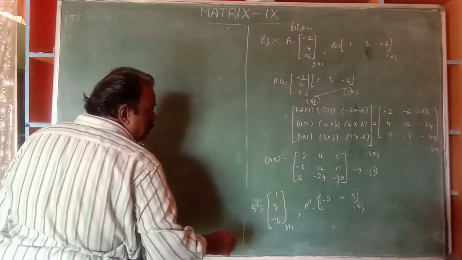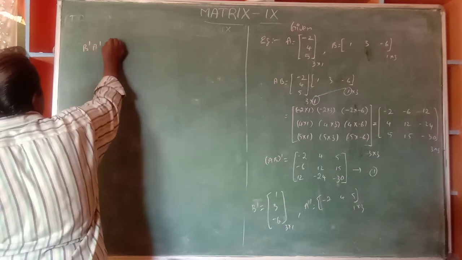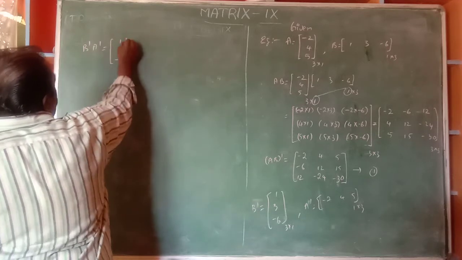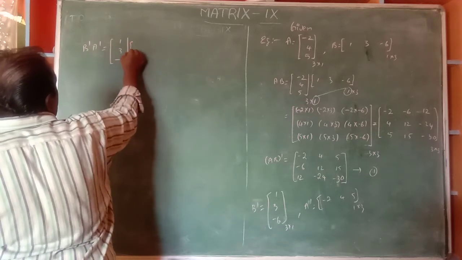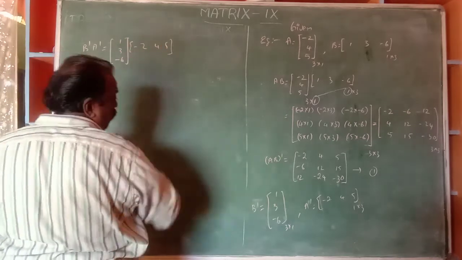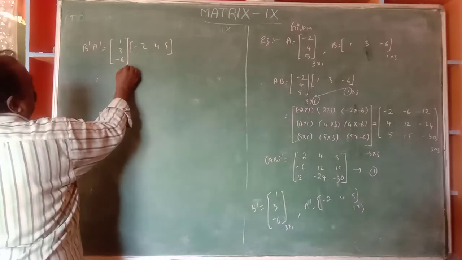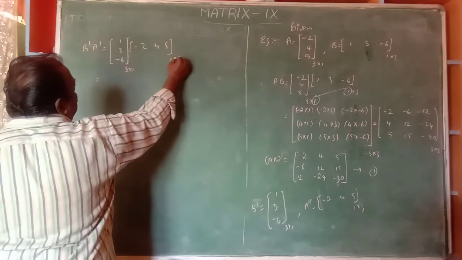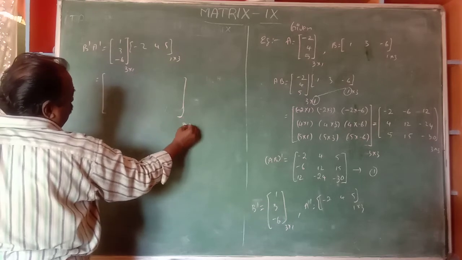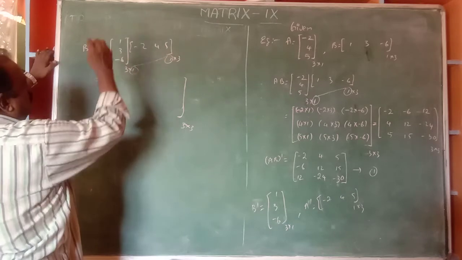Okay now? Now, B transpose into A transpose. B transpose is 1, 3, -6. And A transpose is -2, 4, 5. You see that? Now, it is 3 by 1, it is 1 by 3. So the resultant matrix is 3 by 3 because this 1 and 1 will be deleted and 3 by 3 will come.